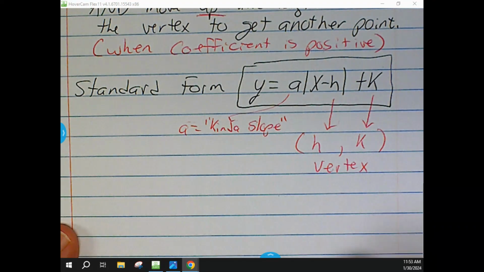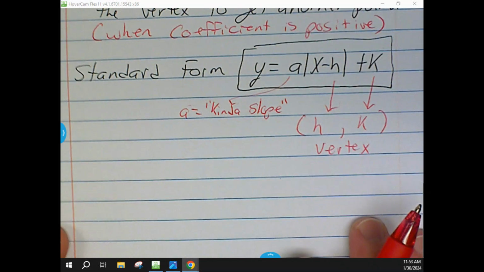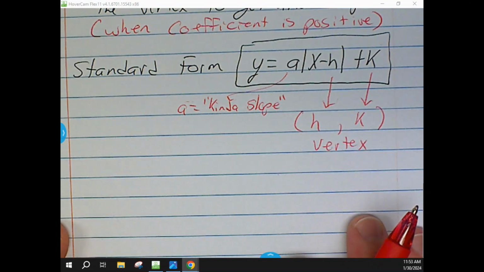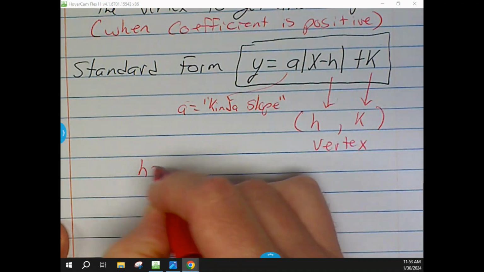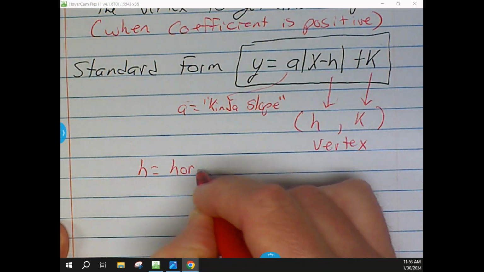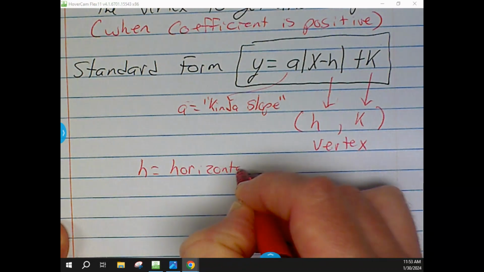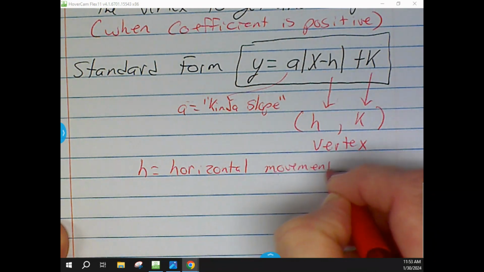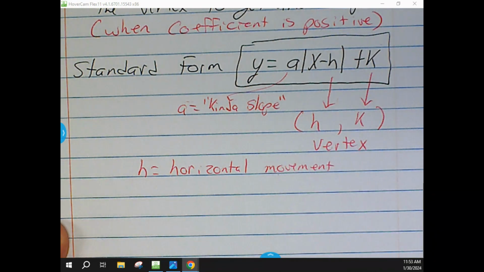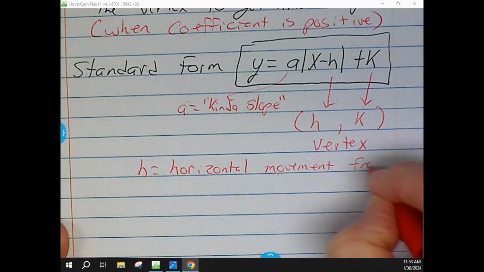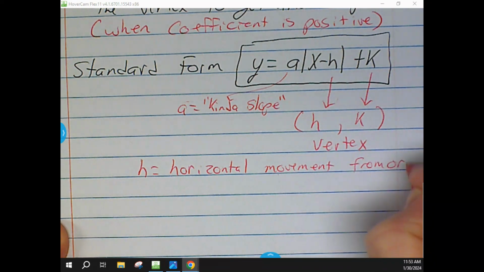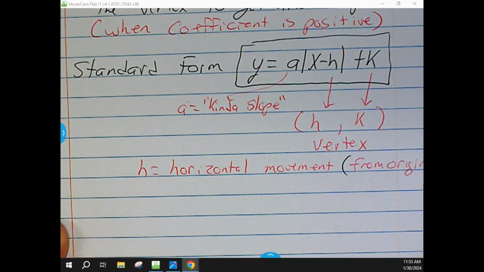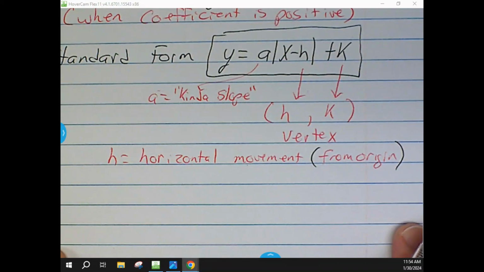All right, and to me, one thing they missed out on, I don't know who came up with this form, but they should have made it easy on this part of it. h is your horizontal movement.